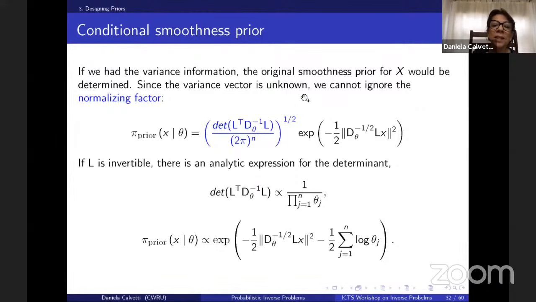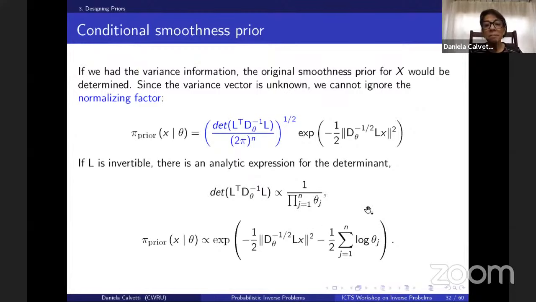This factor, which I put in blue so that it can be followed, will depend on the matrix D theta inverse, and as the realizations of theta change, the conditional prior for x will also change.